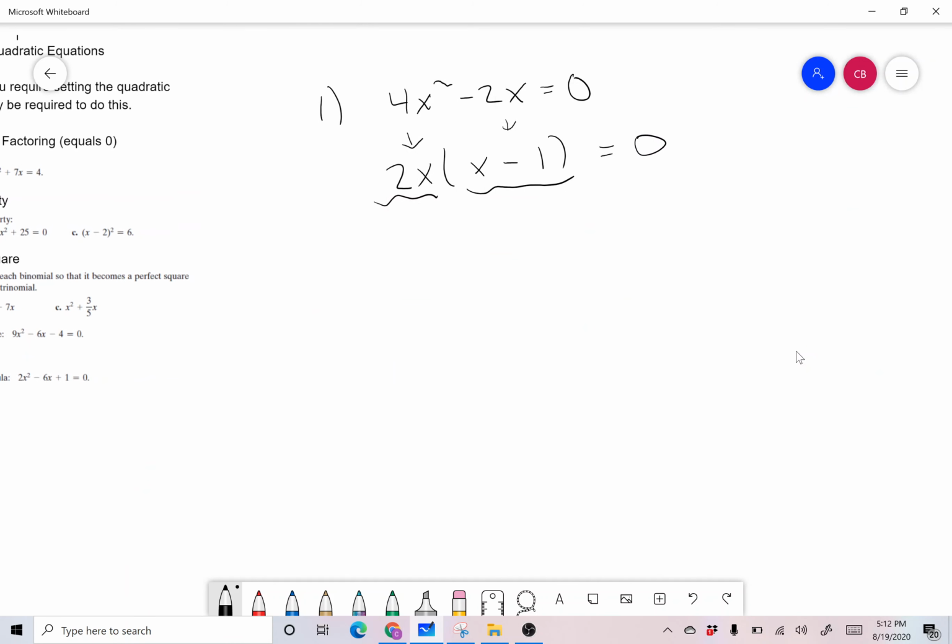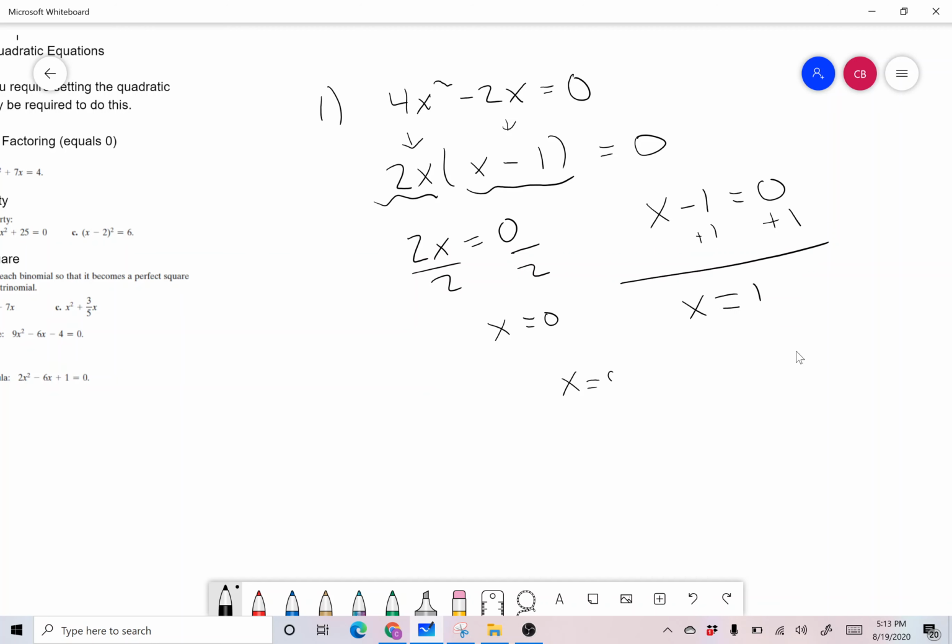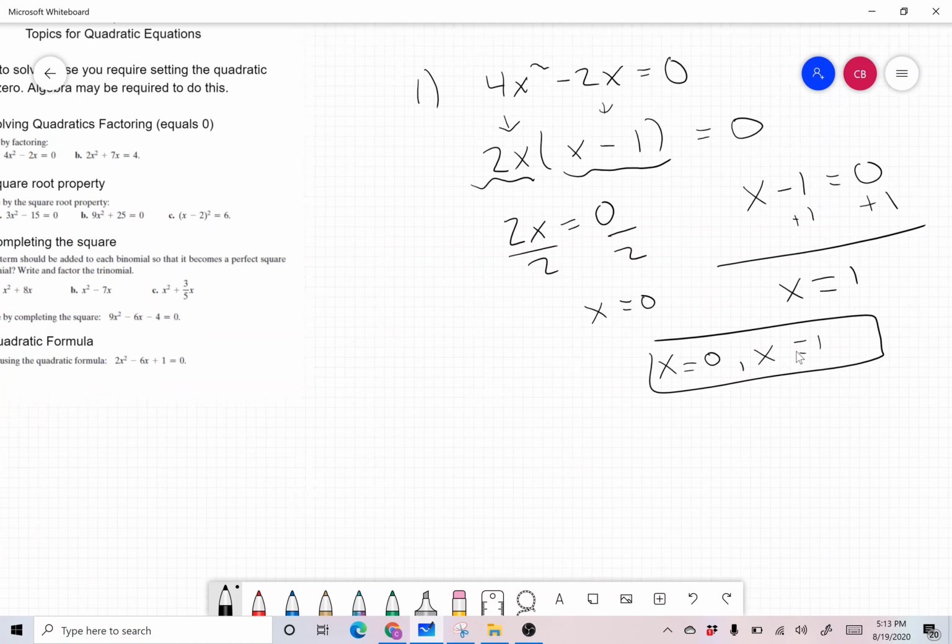So what we do is we set each part equal to 0 and we solve it. So 2x equals 0, divide by 2, x equals 0. And x minus 1 equals 0, add 1, x equals 1. Our solutions are x equals 0 and x equals 1. Okay, and we have solved this quadratic equation.